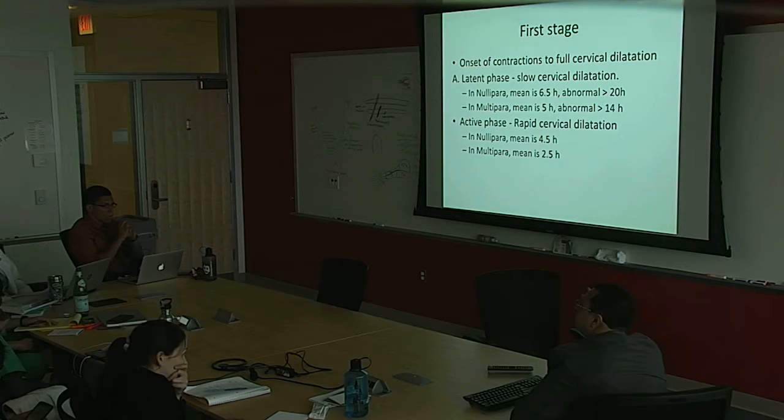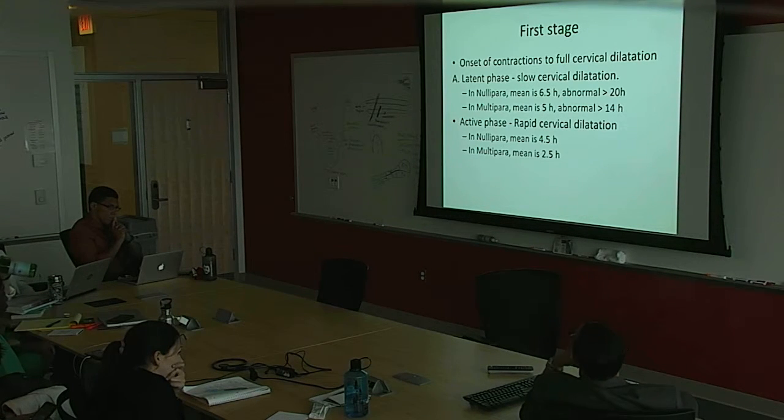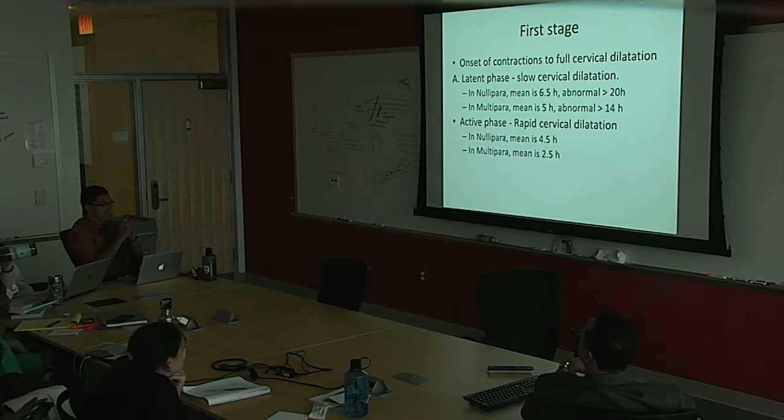She's 5 to 6 or 7, and you know that she's going to progress. Okay? Initially, they used to say the latent phase is until 4 centimeters. Now they say it may be until 6 centimeters. She's still in the latent phase. Okay? And then once you go through this, it's going to be the rapid active phase.